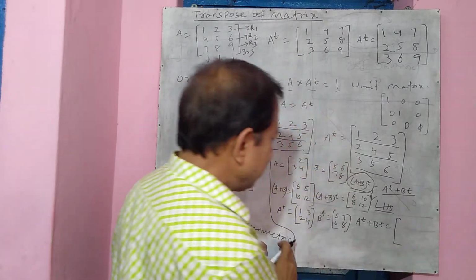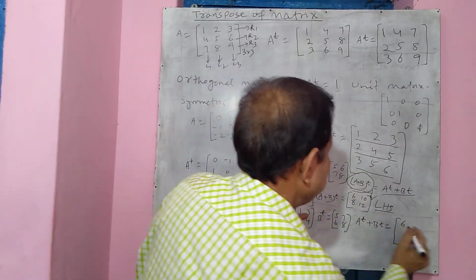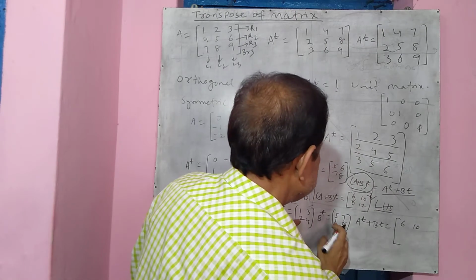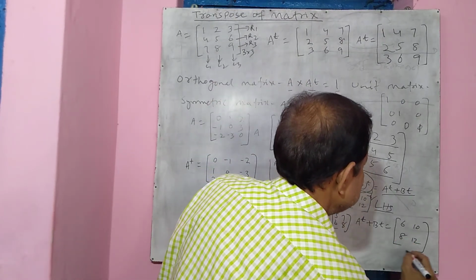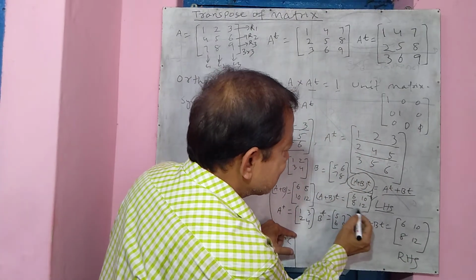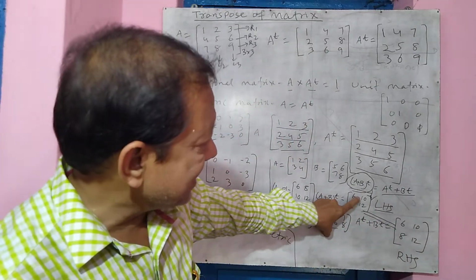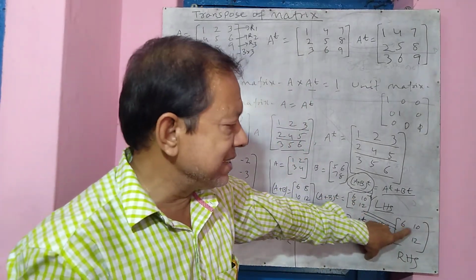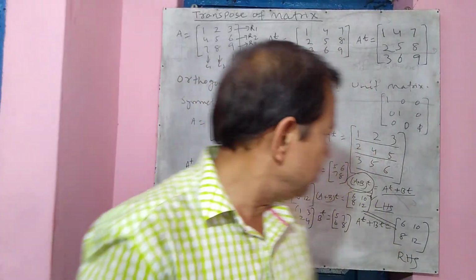Now what will be the answer? 1 plus 5 is 6, 3 plus 7 is 10, 2 plus 6 is 8 and 4 plus 8 is 12. This is RHS. You see whether the LHS is equal to this or not. LHS is 6, 10, 8, 12. RHS is 6, 10, 8, 12. Okay, this you have to find out.